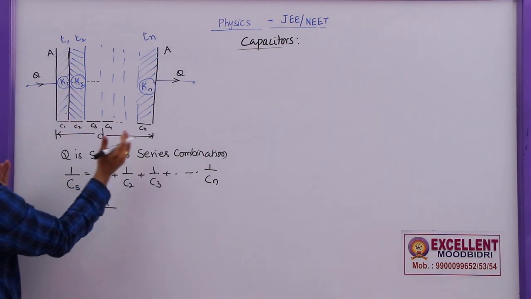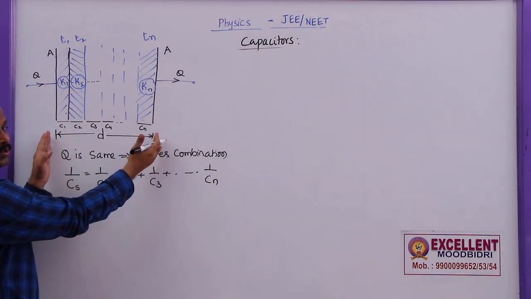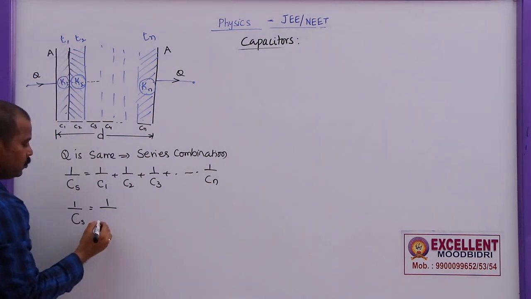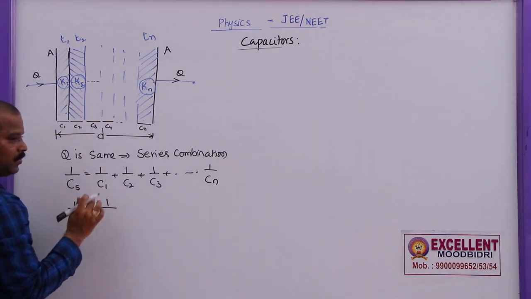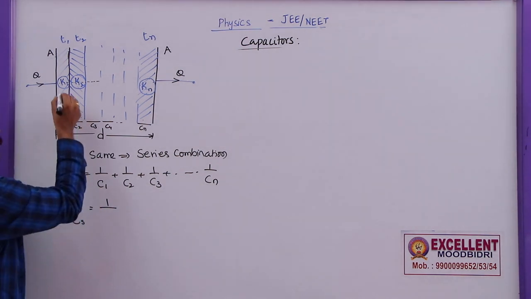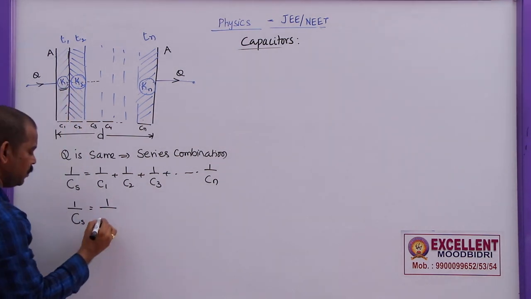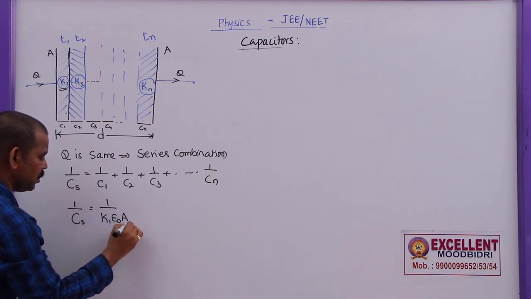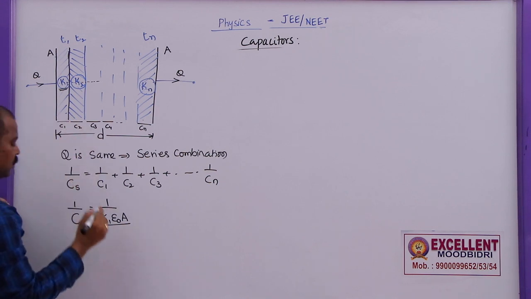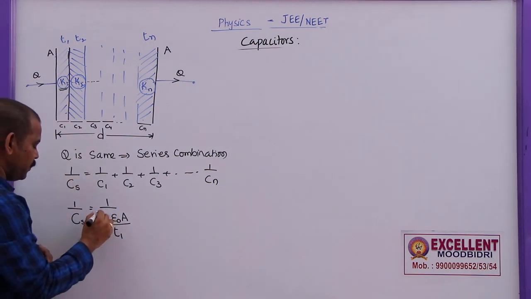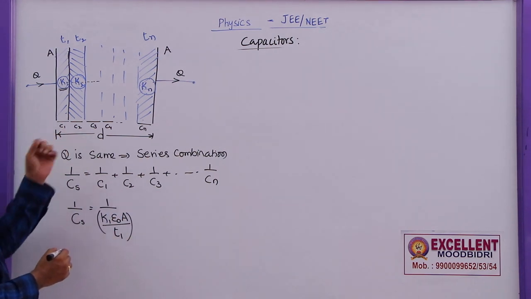But the distance between the two plates is d, while here it is only T1. The capacitance is given by epsilon naught A by d. Here, as it is filled with a dielectric medium K1, it is K1 epsilon naught A by T1. So, this is the capacitance of the first capacitor in this combination.